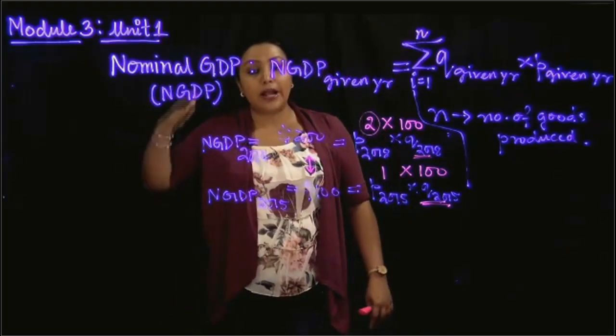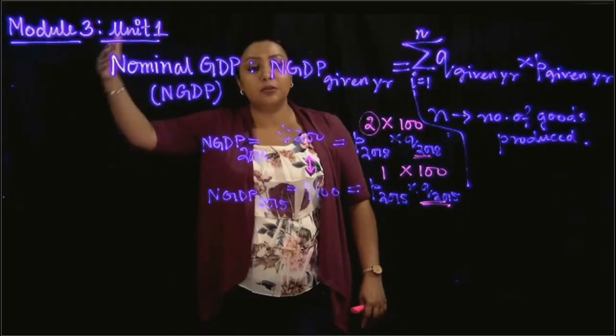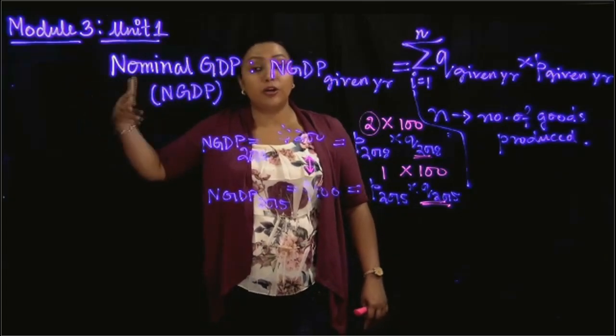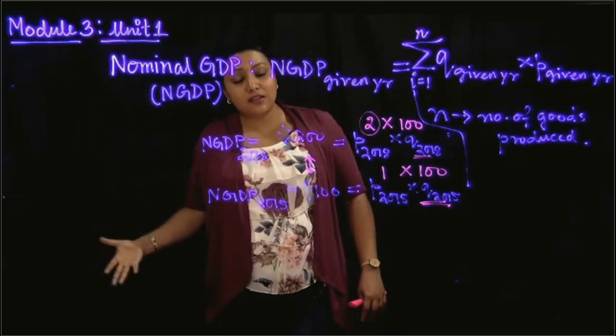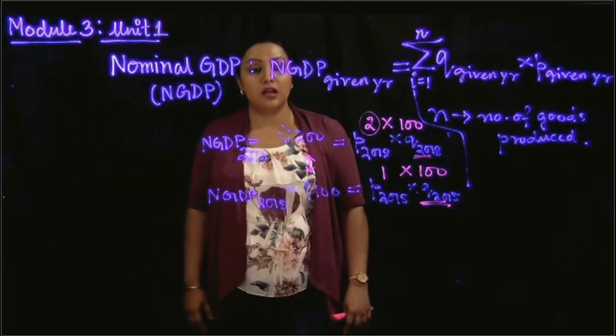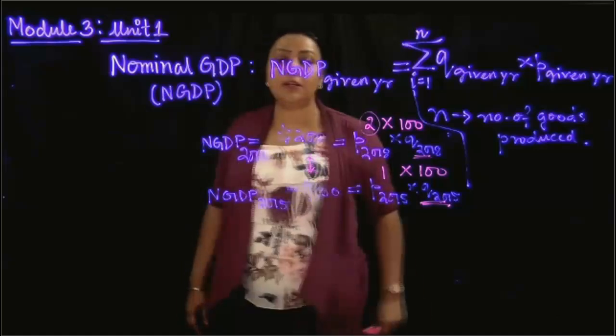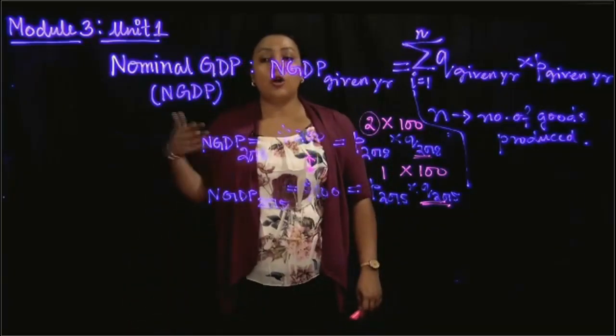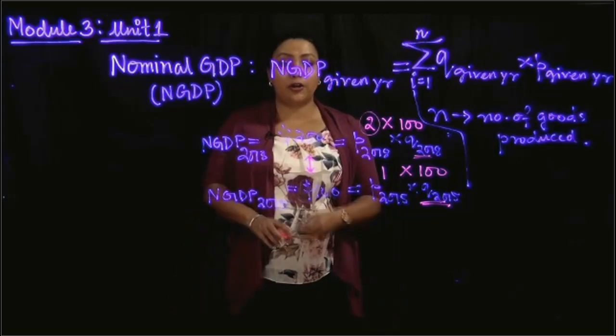You could get big numbers for nominal GDP although your country might be producing the same amount, or it could actually be producing less, but just that the produced goods are getting sold at a higher price. Okay, so nominal GDP is not a very good indicator of the macroeconomy or the production ability of the macroeconomy.